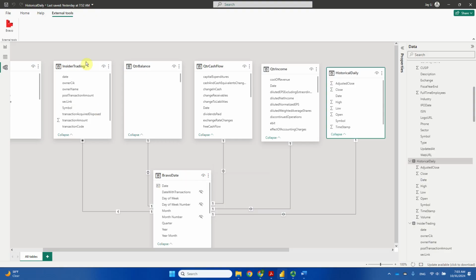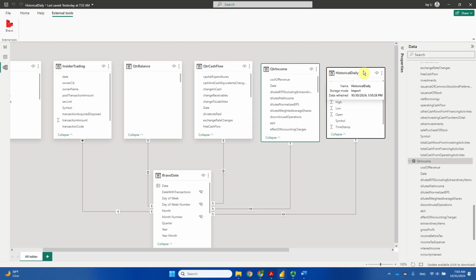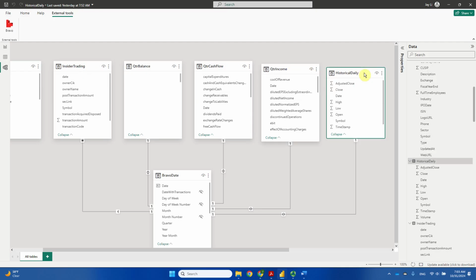The other tables, like insider trading, balance sheet, cash flow, income statement, and historical data, contain not only the date field, but also other important information that you are interested in, like the daily trading information such as price and volume, the financial data in the financial reports, as well as insider trading information that happens on different days.